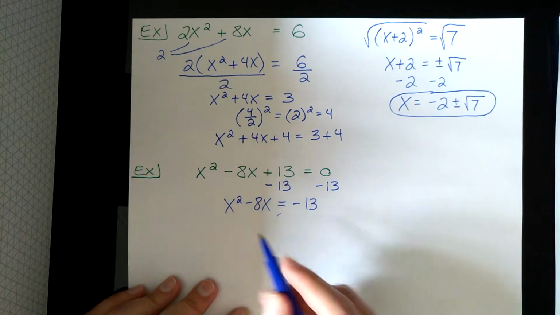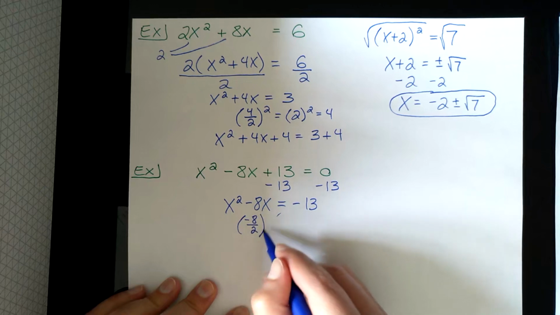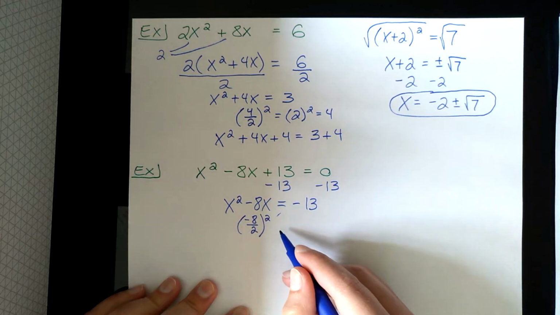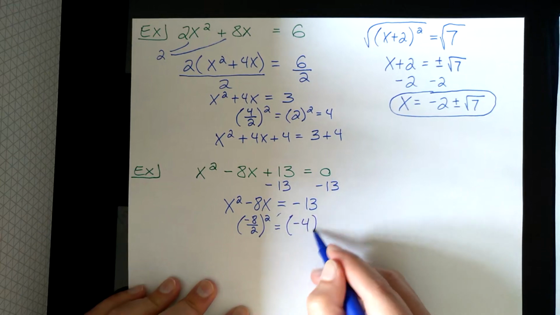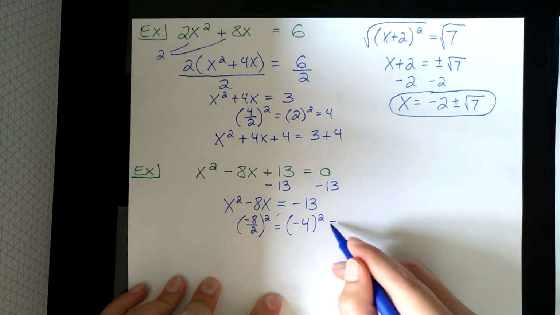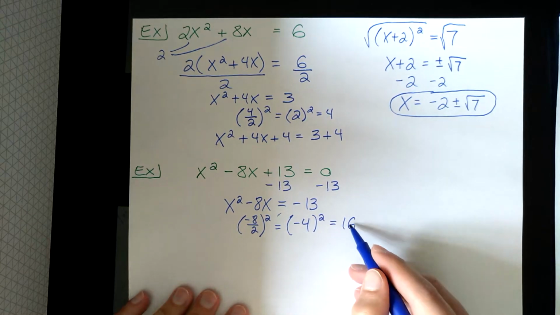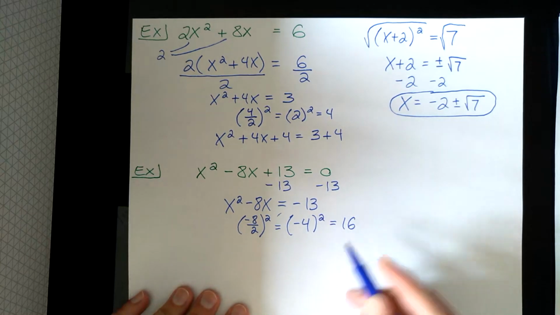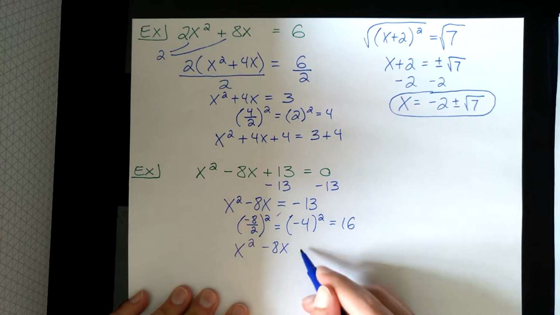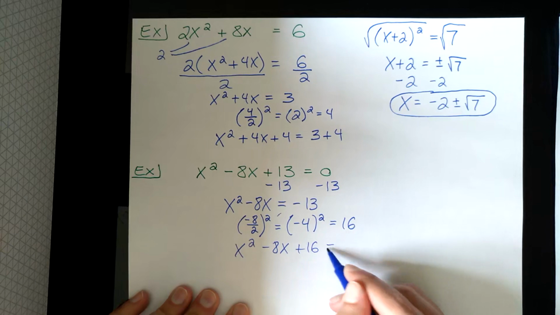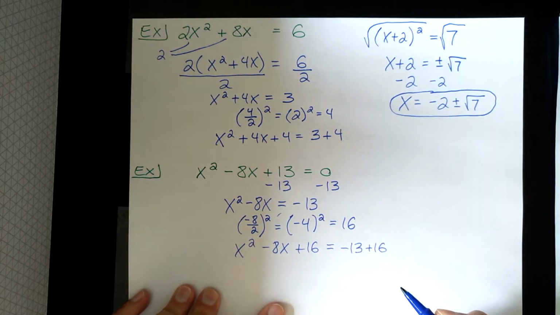At this point, we will take negative 8 and divide it by 2 and square the result, which gives us negative 4 quantity squared, which is 16. And remember, we add the 16 to each side, so x squared minus 8x plus 16 equals negative 13 plus 16.